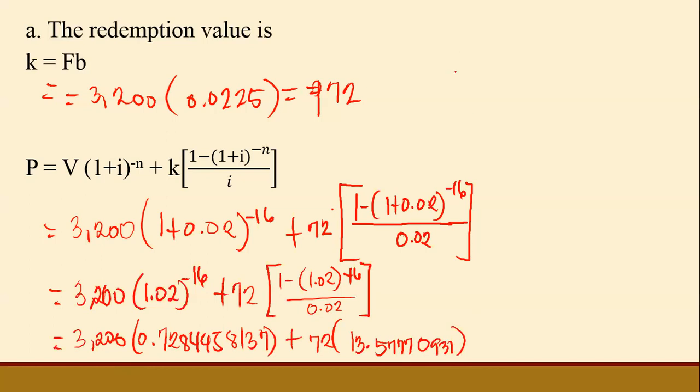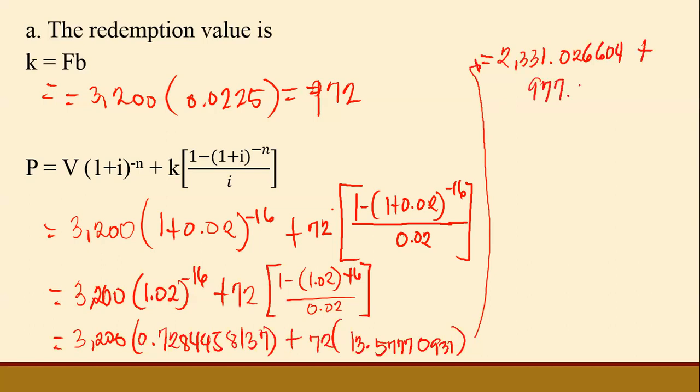Okay? Next. So, multiply. That is equivalent to 2,331.026604 plus 977.5950706.